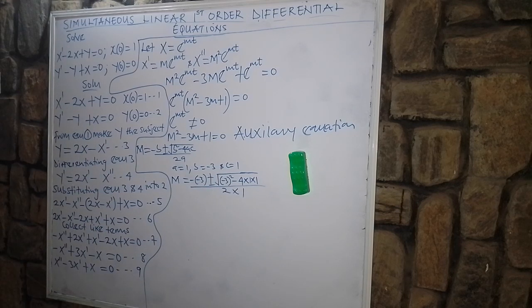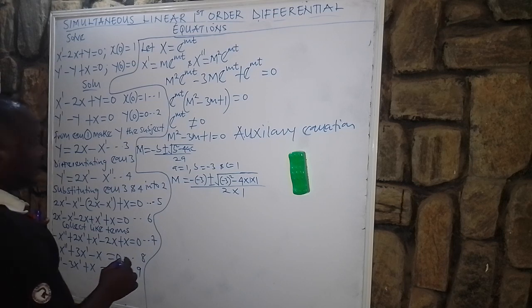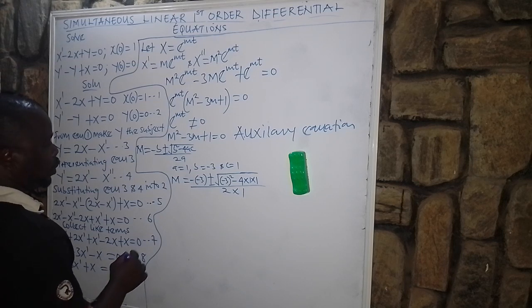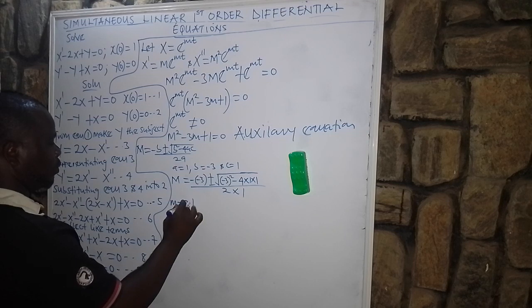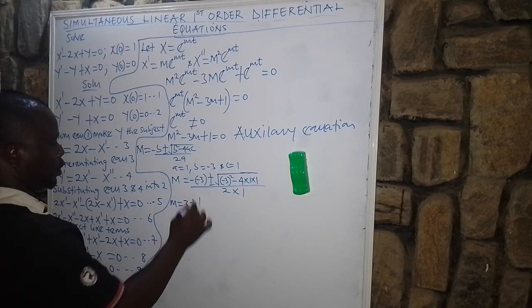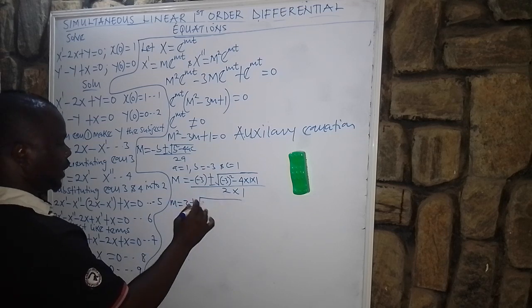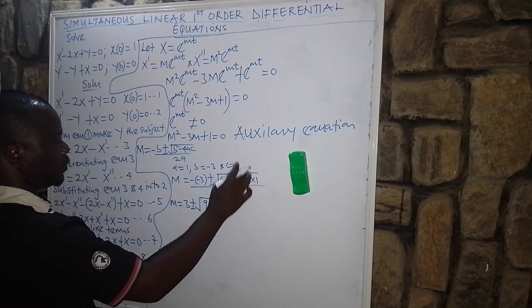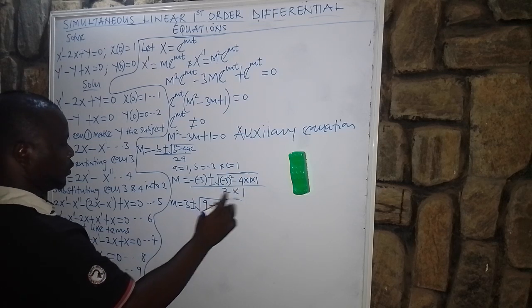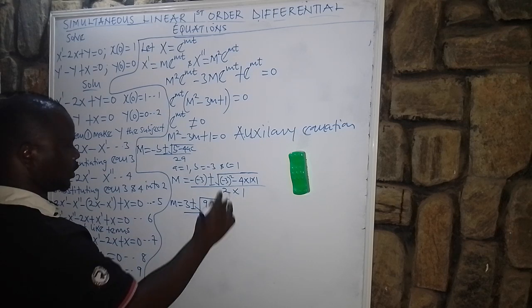True or false? Okay, if you can see what I am saying, this is minus times minus, which is plus. So m is equal to plus 3 plus or minus the square root of 9 minus 4 times 1 times 1, all over 2 times 1.